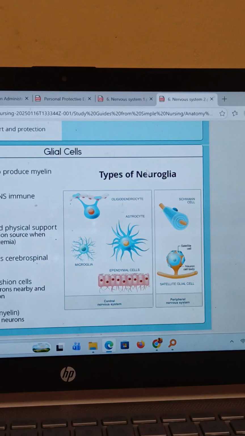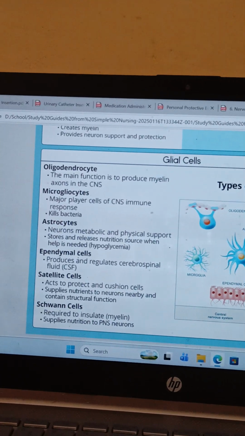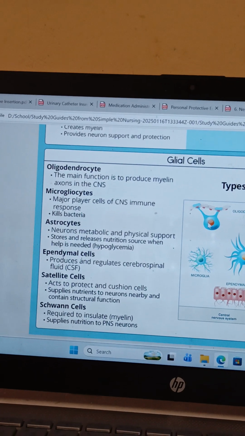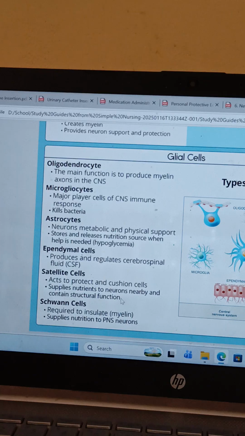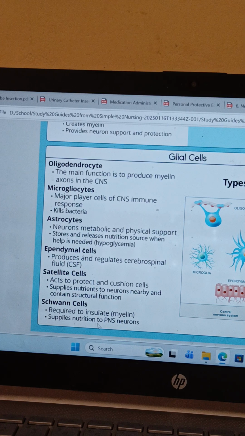Now for the Neuroglia found in the central nervous system, we talk of the Astrocytes and the Microglia, and the ones found in the peripheral nervous system are the satellite Glial cell and the Schwann cell. So what are its functions? For the Schwann cells, they are required to insulate the myelin. Then it supplies nutrition to the peripheral nervous system neurons.